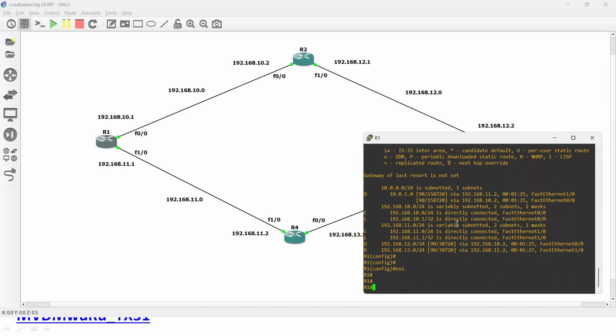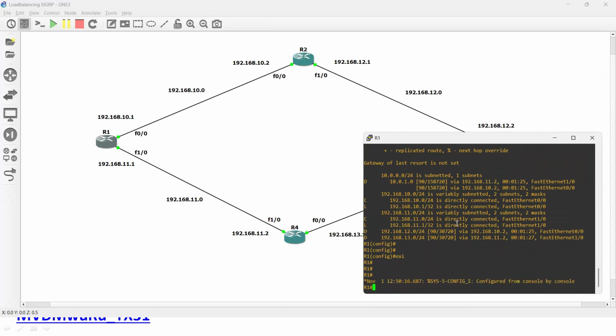So we have to find via interface to interface. Okay. So show interface F0/0 | section DLY.